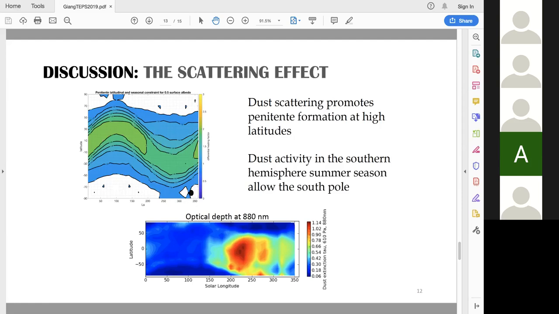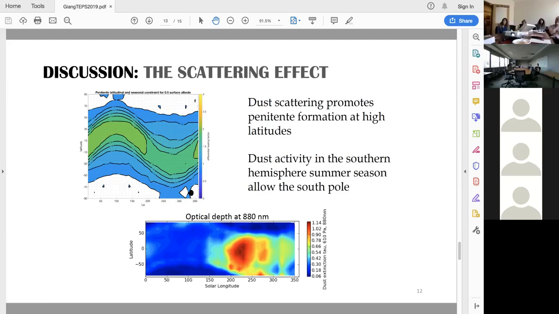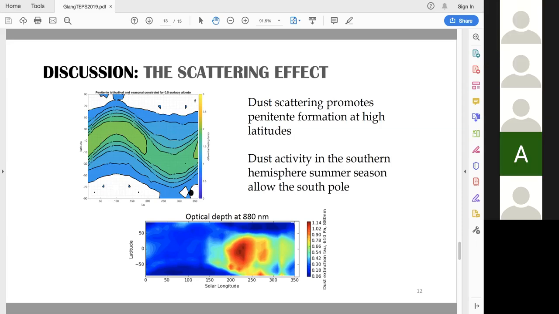When the sun is at low elevation, the scattering effect causes some of the light to reach down into the bottom of the trough, and thus penitente formation is possible at the poles. And that's why the South Pole is actually more favored to form penitentes than the North.